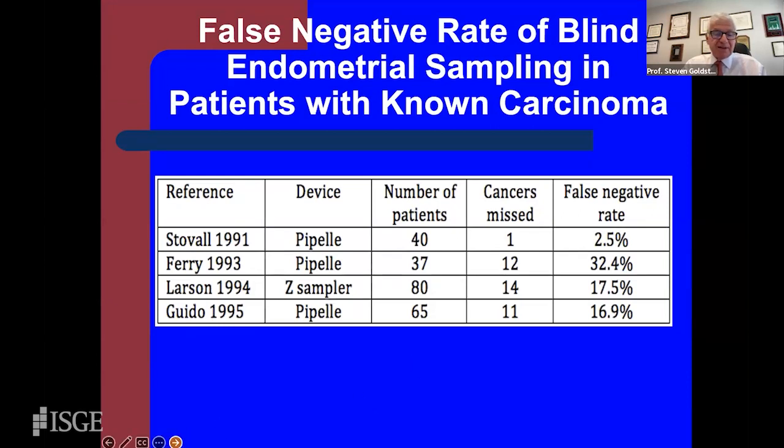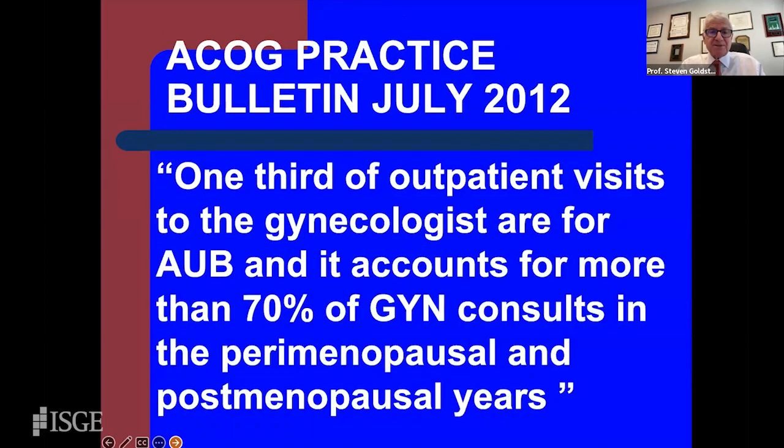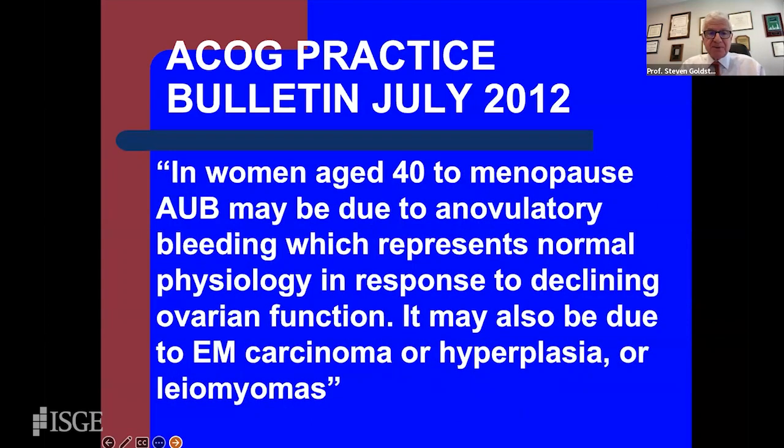And the ACOG practice bulletin, which I will go over, which was first published in 2012, but has been reaffirmed many times since, tells us more about this. It tells us that 1/3 of outpatient visits to the gynecologist are for abnormal uterine bleeding, and it accounts for more than 70% of GYN consults in the perimenopausal and postmenopausal years. It tells us that in women aged 40 to menopause, AUB may be due to anovulatory bleeding, which represents normal physiology in response to declining ovarian function, but may also be due to endometrial cancers, hyperplasias, or fibroids.